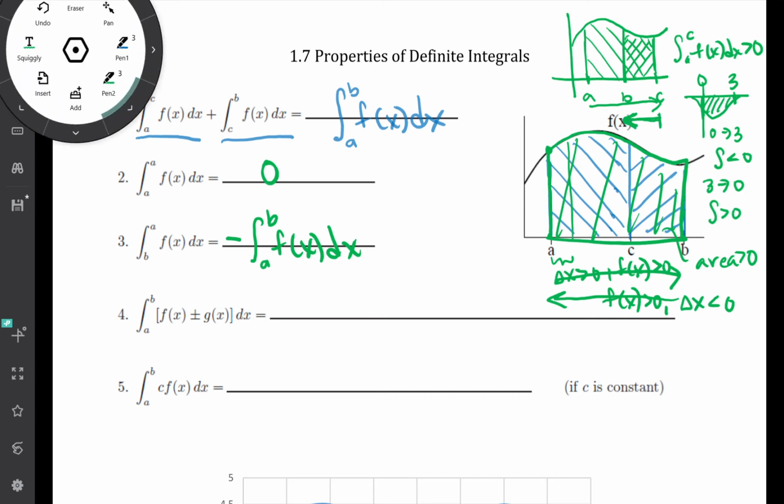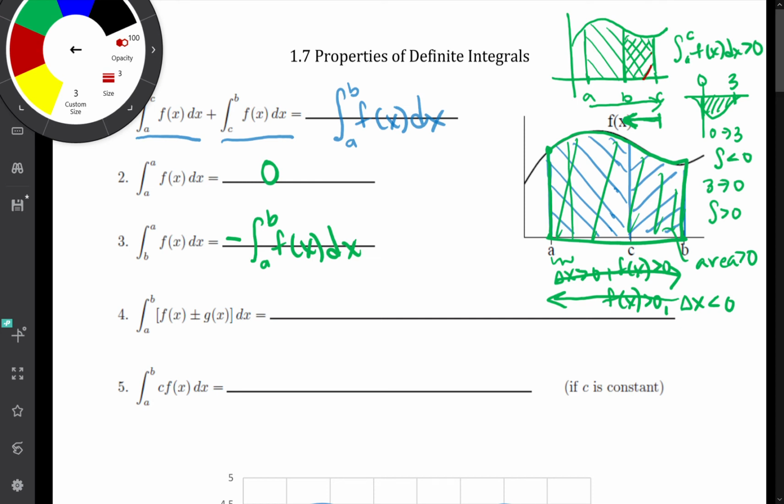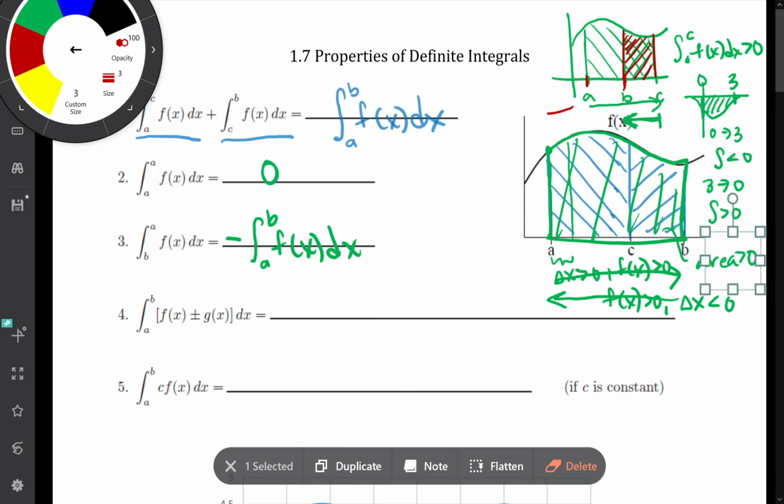So where I shaded this in going back the other way, it's going to cancel out everything between B and C that I counted up the first time. So really you're only going to be left with the area between A and B, which is exactly what we claimed over here.